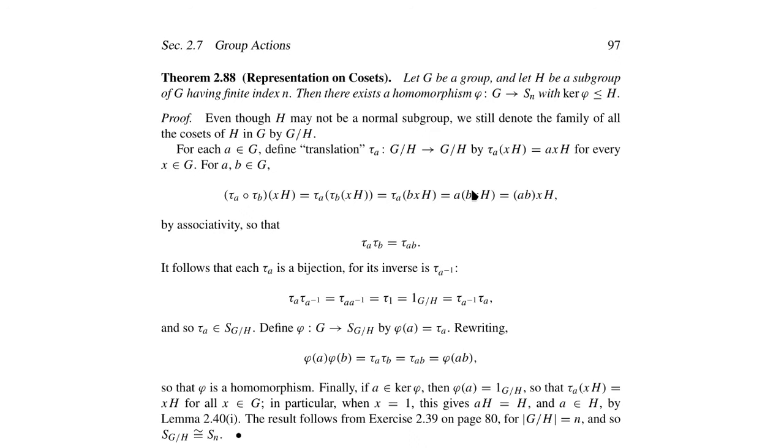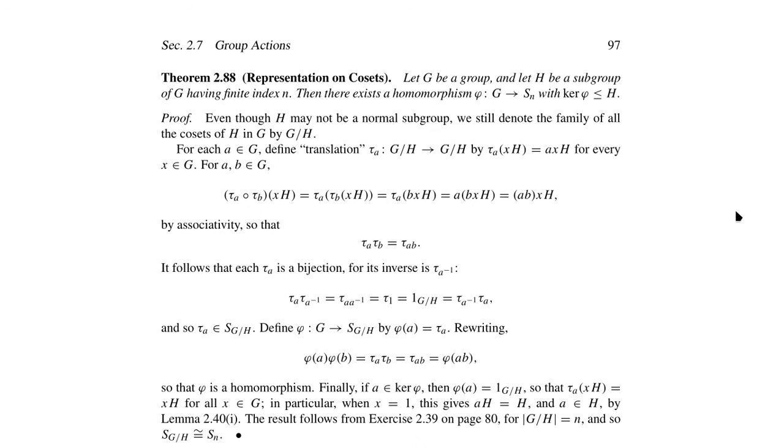You do the same trick. You take two elements in G, tau A circ tau B, and you apply that to a coset XH, so we'll have tau A of tau B of XH, and at the end you're going to have A times BXH, which is equal to AB times XH, because we have associativity.